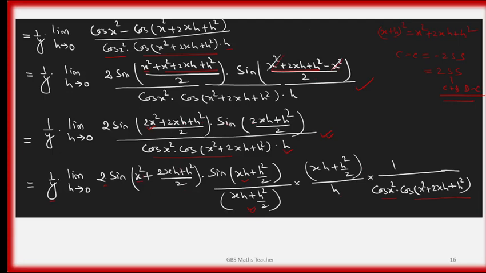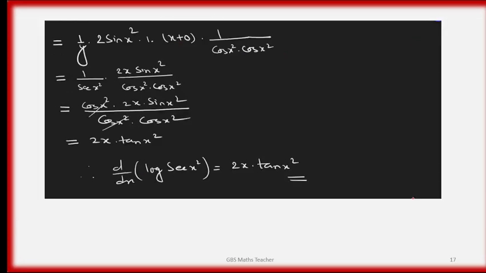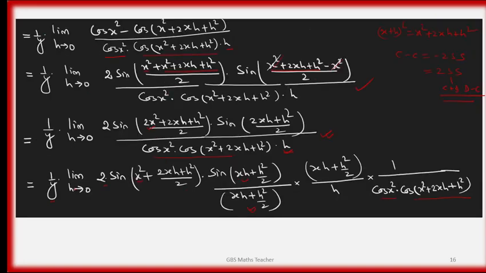In the sine of (2xh plus h²)/2, we get sine of (xh plus h²/2) divided by the same angle, times the remaining terms. So we write in the numerator (hx plus h²/2) and divide by h. Now we have 1 by y times 2 sine x², as h tends to 0.